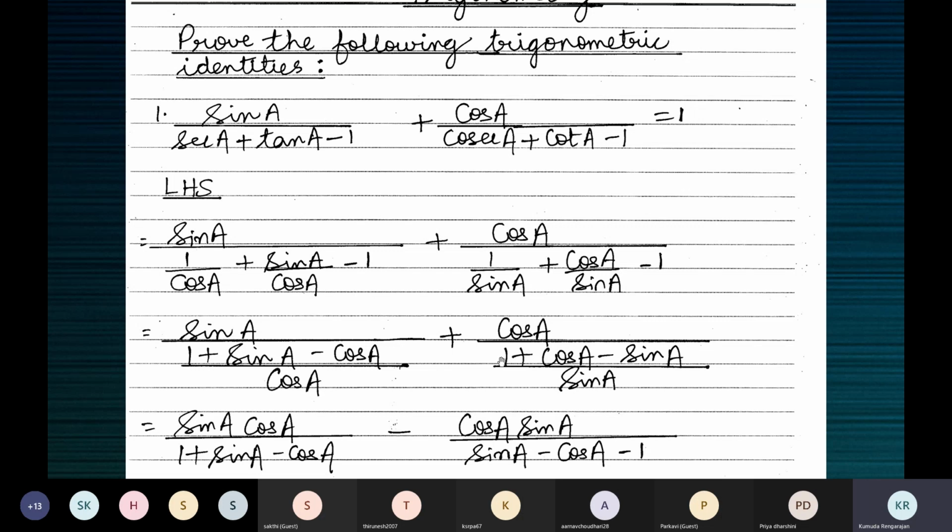We write plus 1 as minus 1, plus cos A as minus cos A, minus sin A as plus sin A. All the three terms we write with the opposite sign. That can happen only when you take out a minus common, and that minus into plus is minus. Change the connecting sign when you do that.